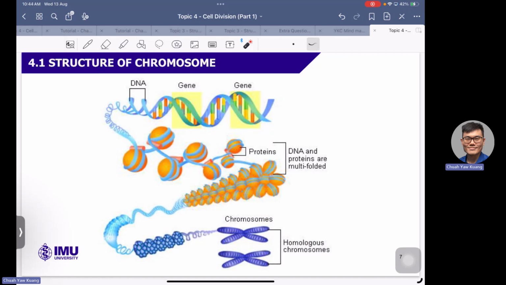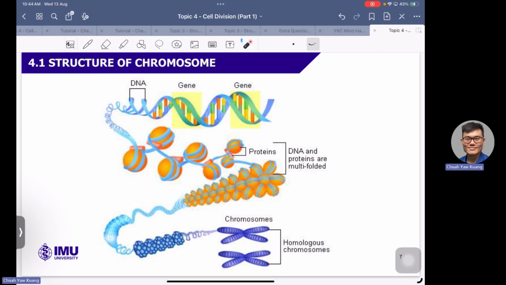Right, so this is a gene. A gene is just a sequence that codes. So there will be sequences that don't code. Then this whole thing is a DNA. So DNA will coil and condense to become the chromatin. How do they coil and condense? They will wrap around the histone protein to become the chromatin. After becoming chromatin, they will stay inside the nucleus in the nuclear plasm.